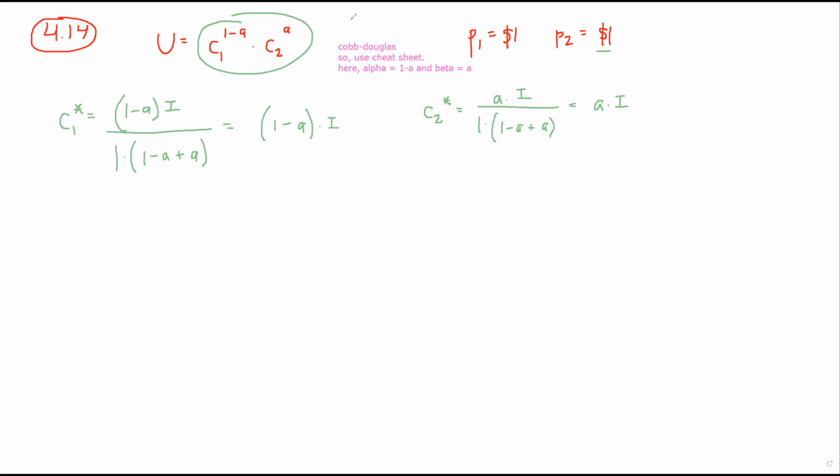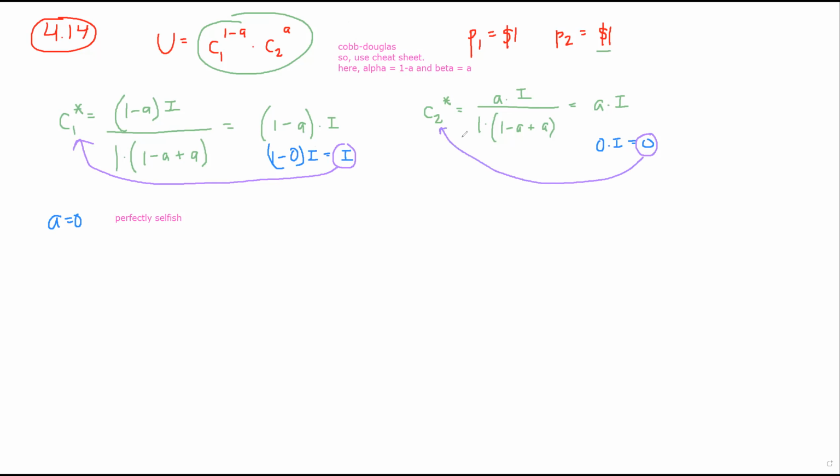By the way, these would be consistent with what we said before, that if A were 0 and she were perfectly selfish, what would she do with her money? All of her money would go to, let's see, 1 minus 0 times I would be I here, and this would be 0 times I, which would be 0, which is saying that she would take all of her money and spend it on her own consumption, and she would take none of her dollars and spend it to help Sophia.